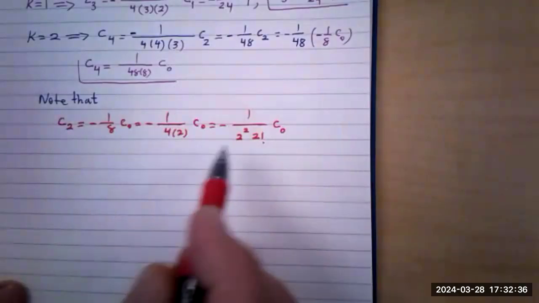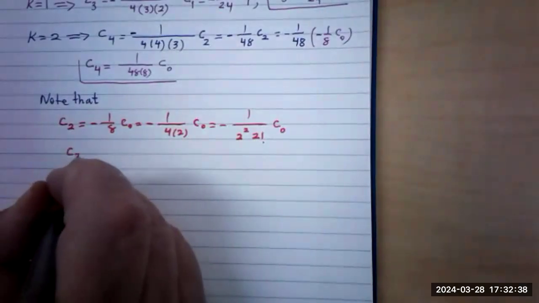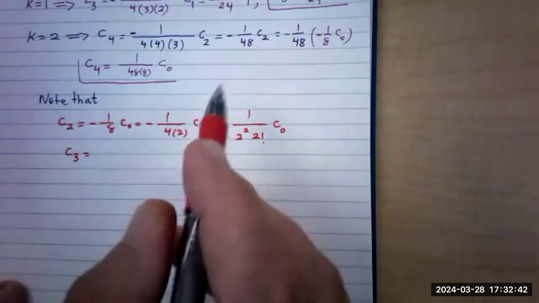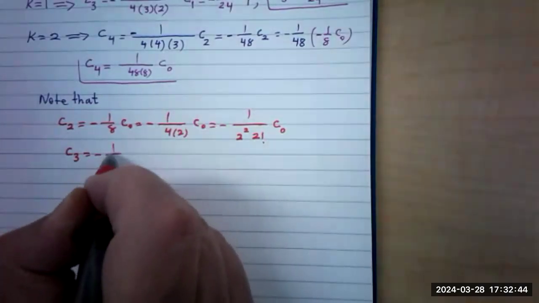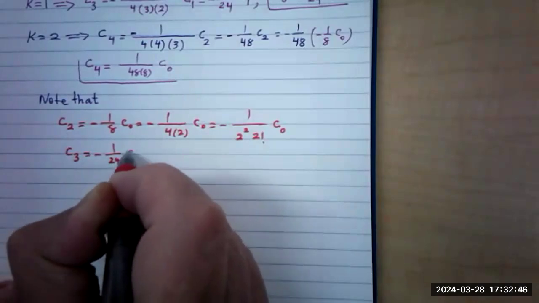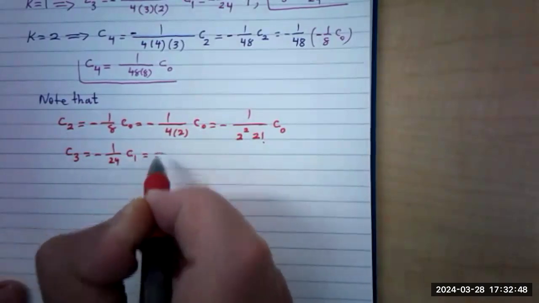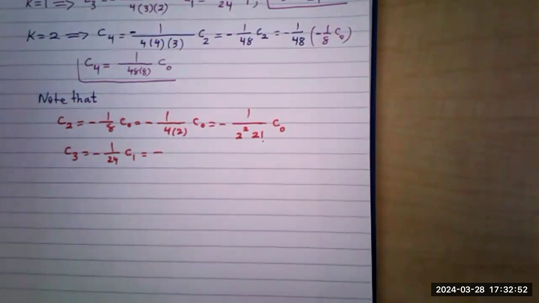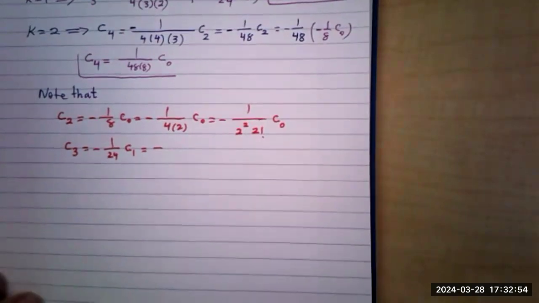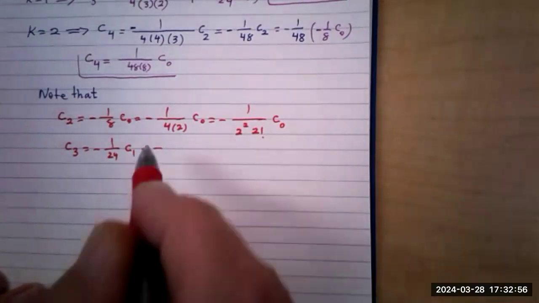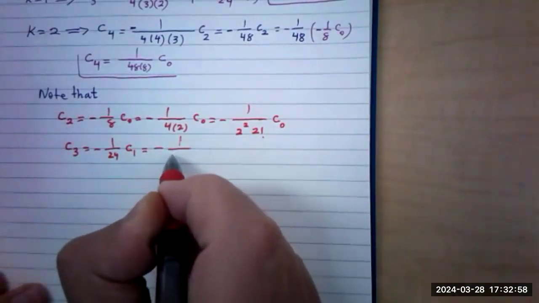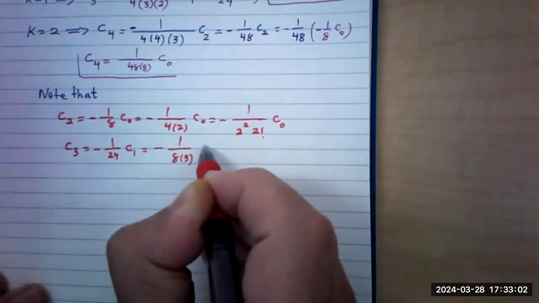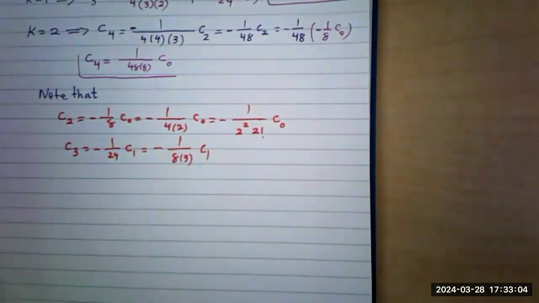Let's see if we can make c_3 something like this one. So c_3 is negative 1 over 24 c_1. If you want to make something similar to this, what is 24? 24 is 3 times 8. So it's going to be equal to 8 times 3 of the c_1.